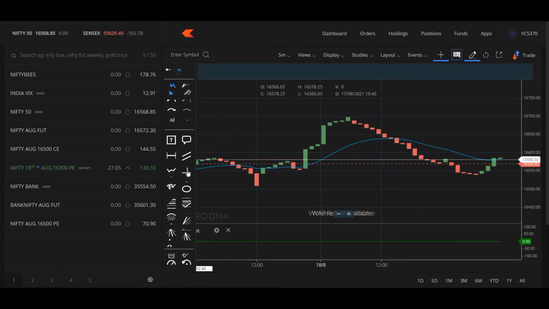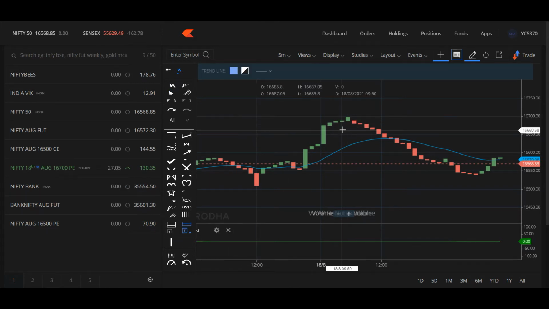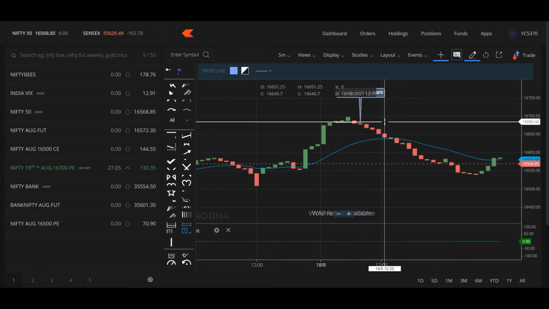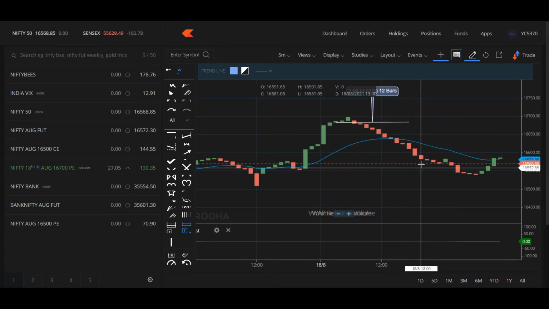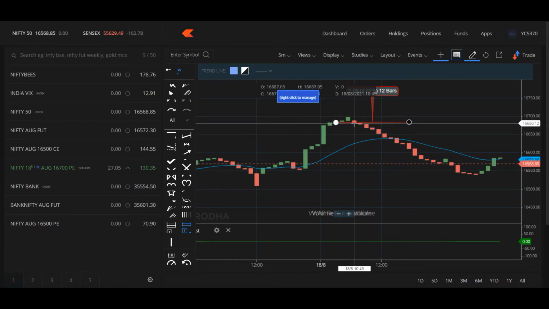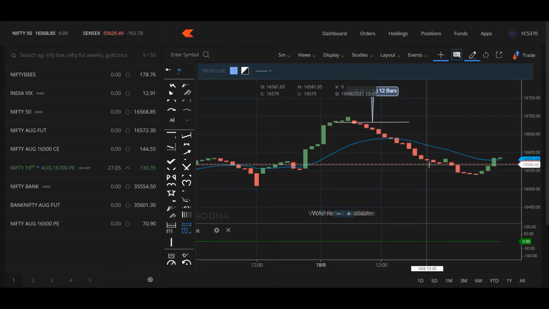So we look at this low, right? This is the low of this particular candle which has been broken, so your trend has changed to negative.